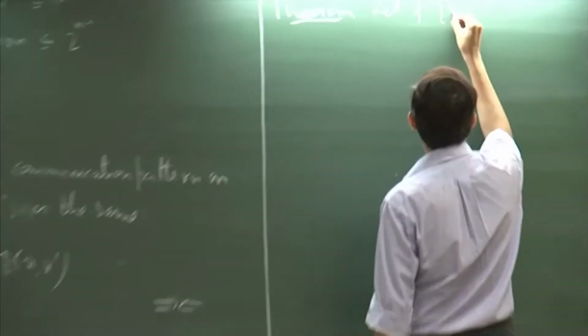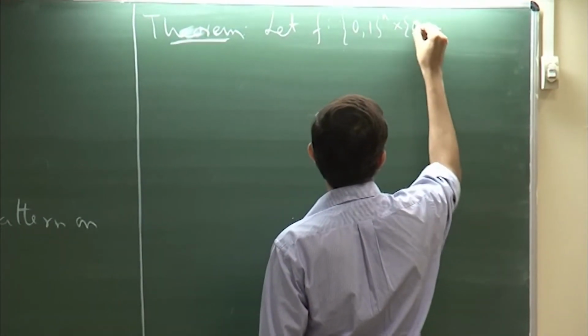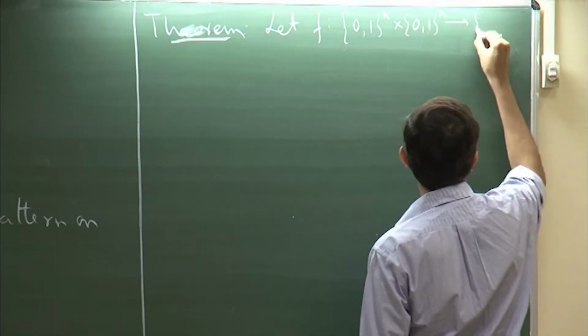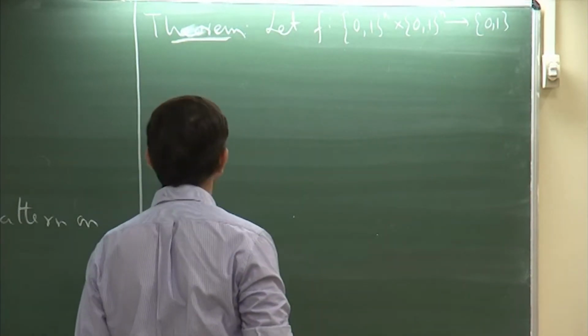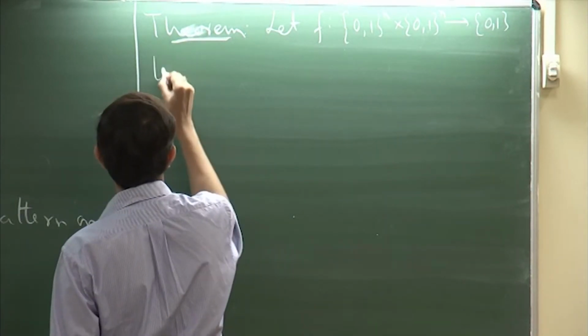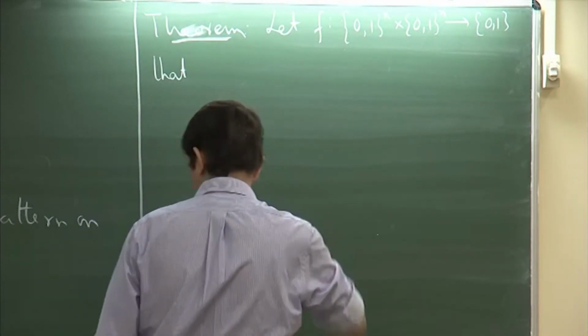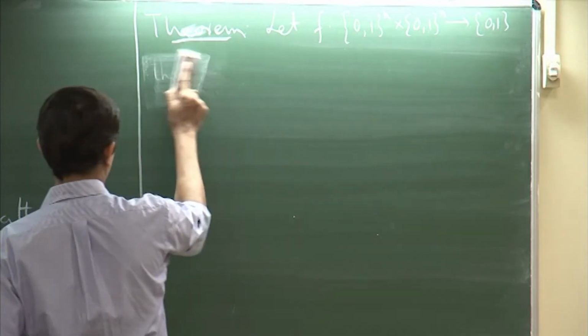So let f be some function from 0 1 to the power n cross 0 1 to the power n to 0 1. Okay. Let me give the definition first.